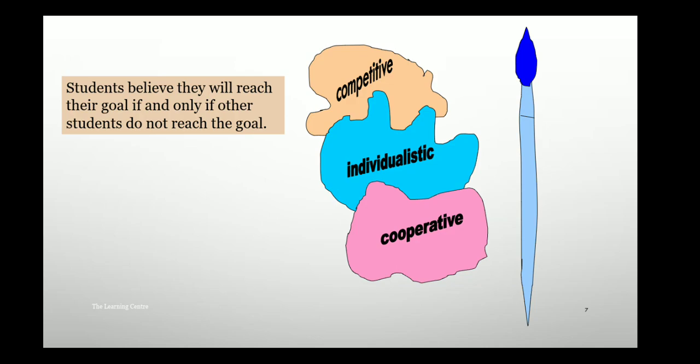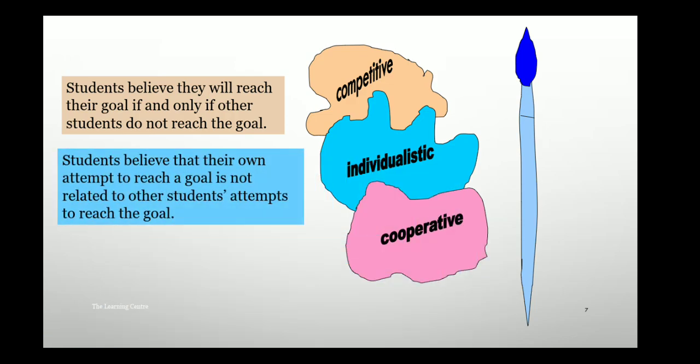In competitive, students believe they will reach their goal if and only if other students do not reach the goal. In individualistic interaction, students believe that their own attempt to reach a goal is not related to other students' attempts to reach their goal.